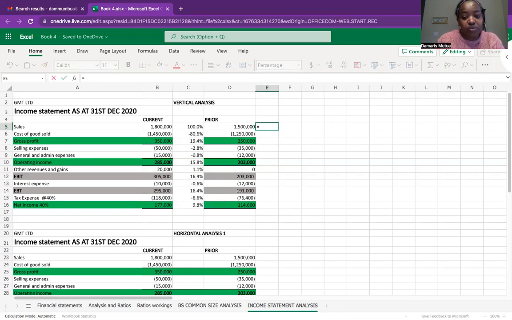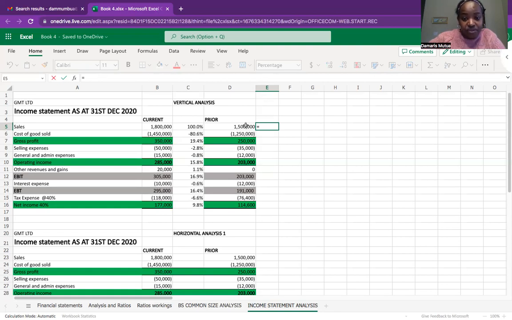So we can do the same for the prior period, so that we are able to compare. We are able to know how we're doing better as an organization. Because by just looking at the sales, you can see how our sales have grown. What about our net profit? Has our net profit grown from one period to the other compared to our prior period when we base it on sales?